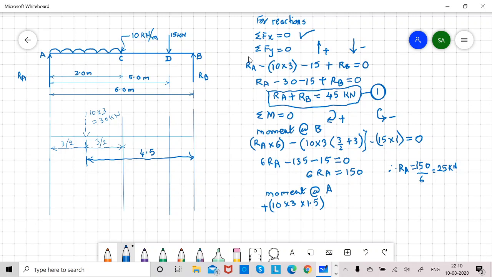Plus 15 into 5, minus RB into 6 is equal to 0.